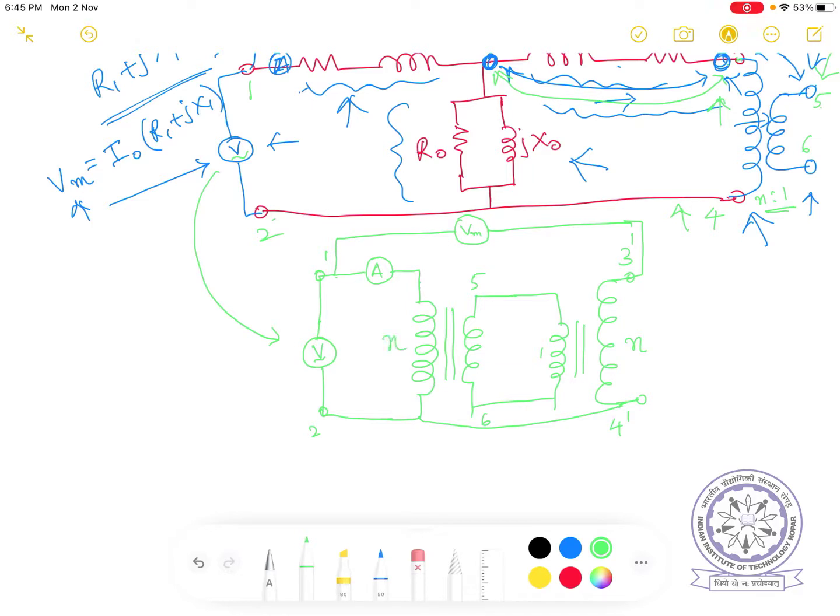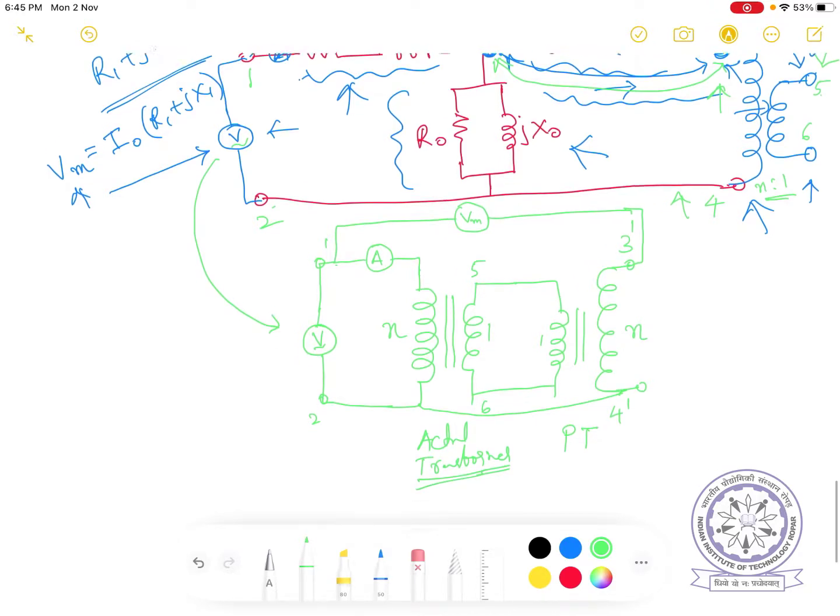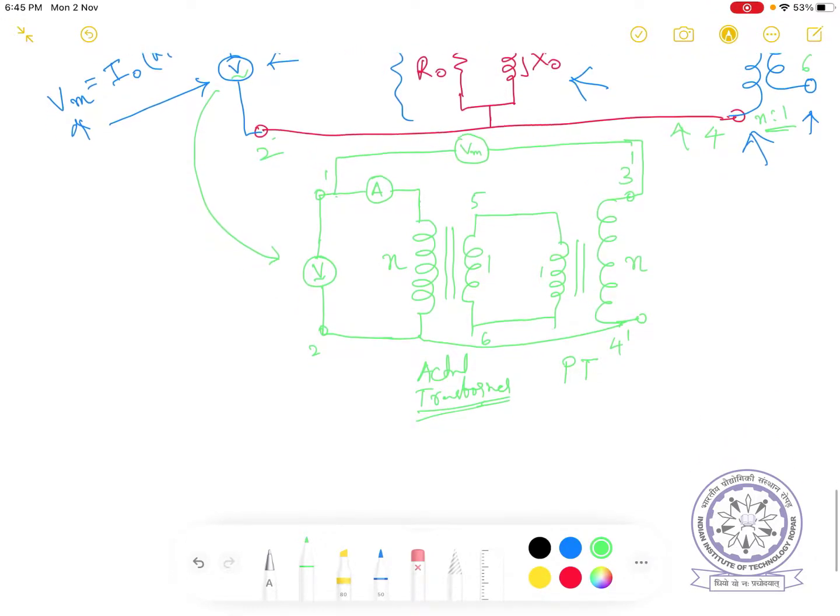This is n:1. This is 1:n. So like that. This is the potential transformer. This is the actual transformer, the actual transformer under test for which we are finding the equivalent circuit. Okay. So this is how the separation of impedances can be done.